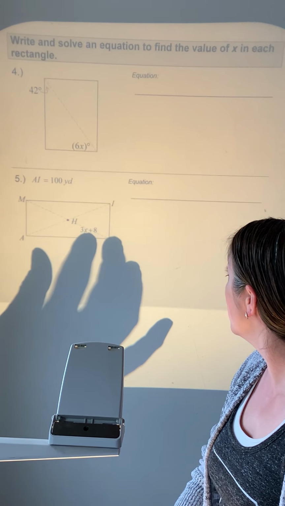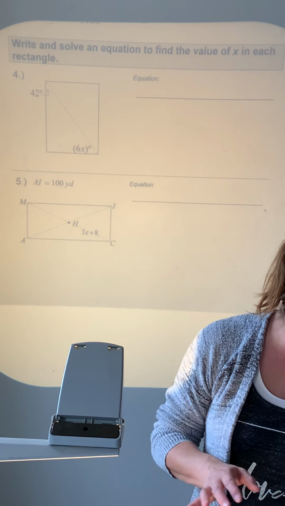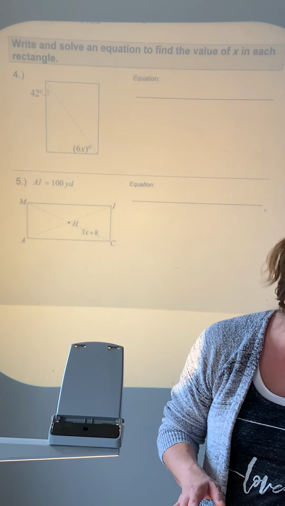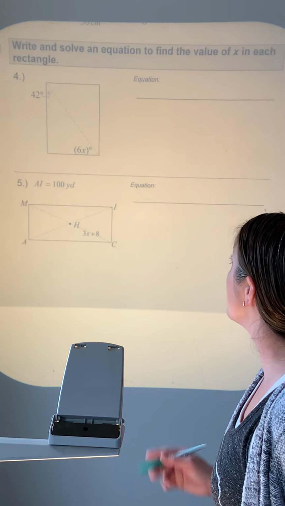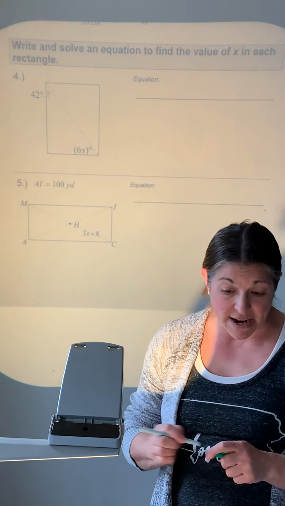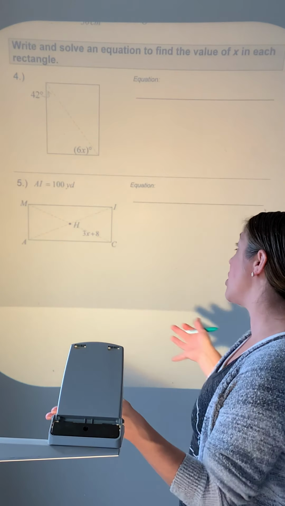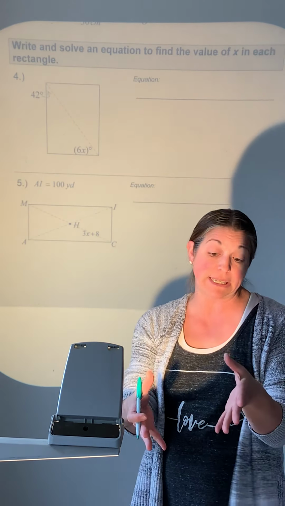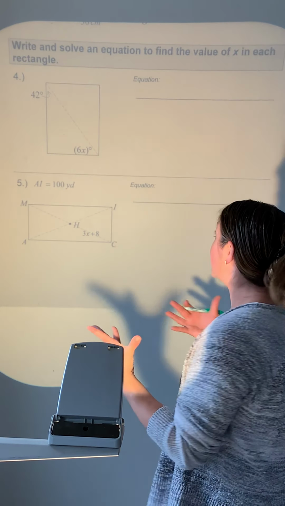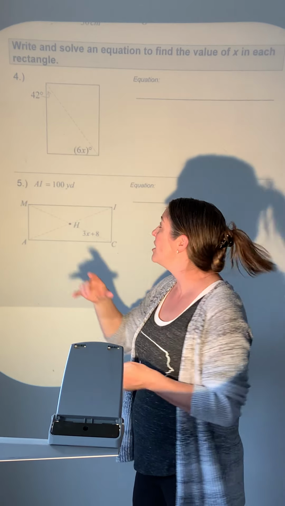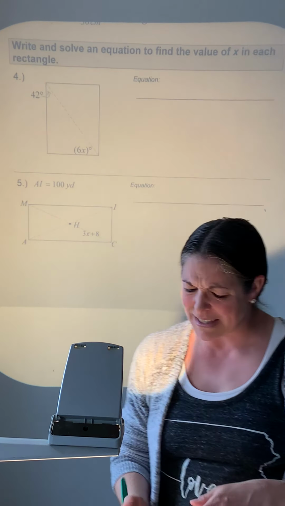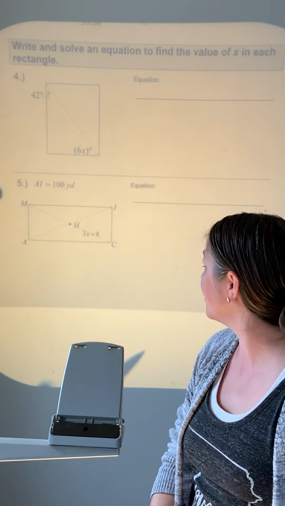Notice in number 4, I have not given you both diagonals, I've only given you one, and that's okay. Also notice, I should have mentioned this before, in the directions I do tell you it's a rectangle, so all the stuff we've been talking about the rectangle, we can use here. The first thing I notice is that I really want to use alternate interiors, but when I really think about this, these are not alternate interiors.